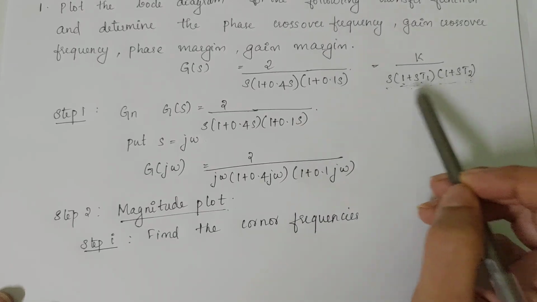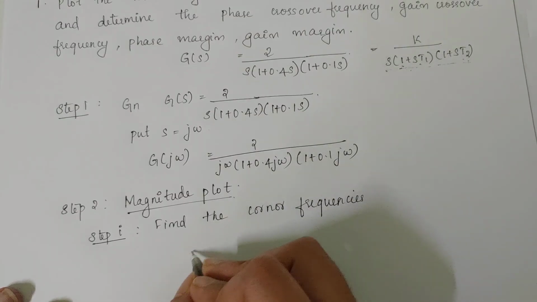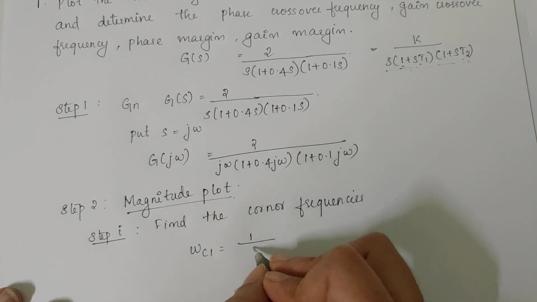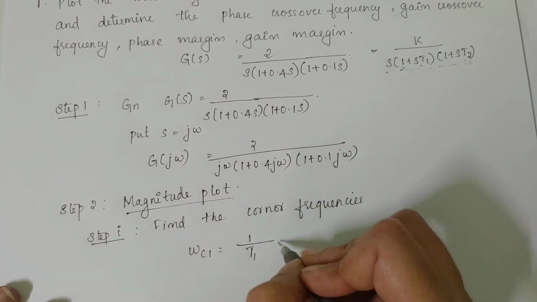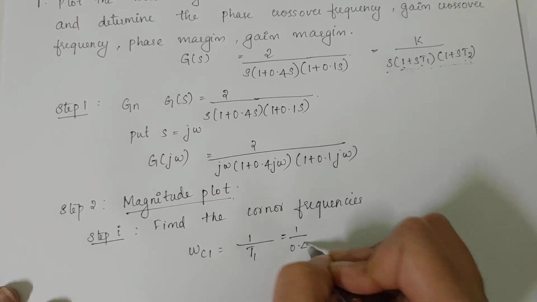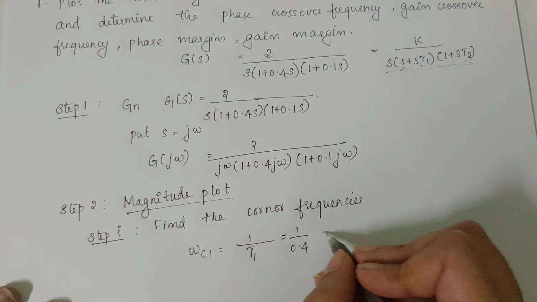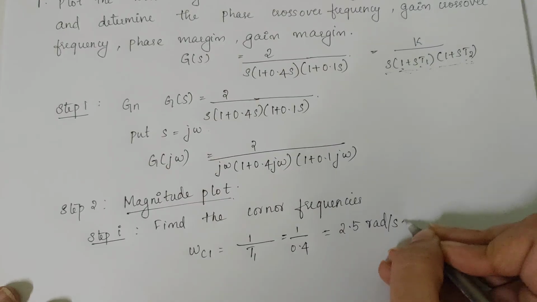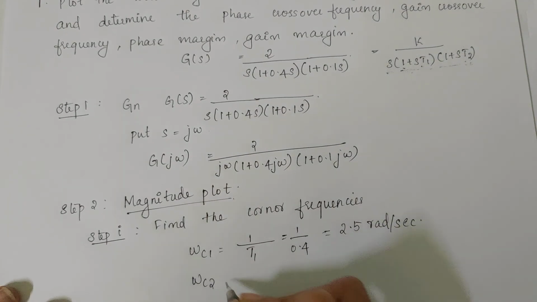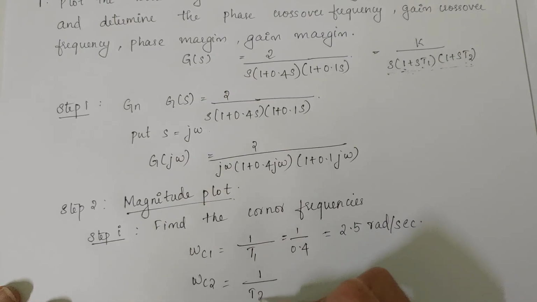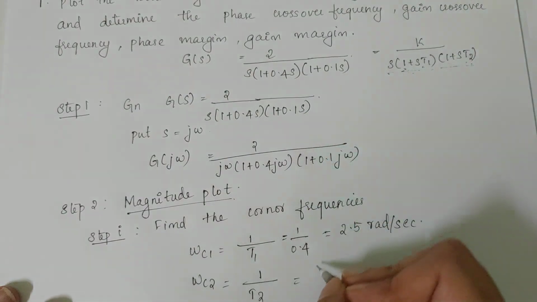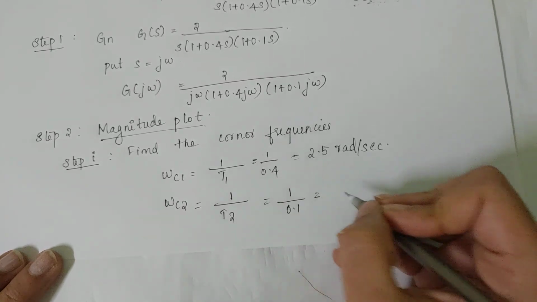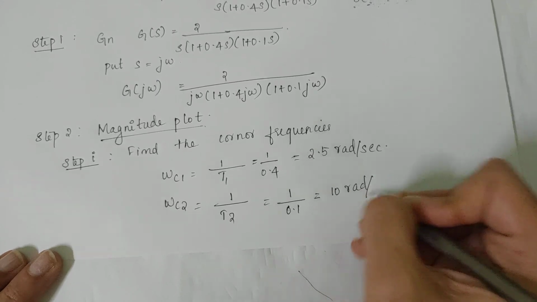Consider these two terms and find the corner frequency, where omega c1 is equal to 1 by T1. Here it is 1 by 0.4, which is equal to 2.5 radians per second, and omega c2 is equal to 1 by T2, which is equal to 1 by 0.1, is equal to 10 radians per second.